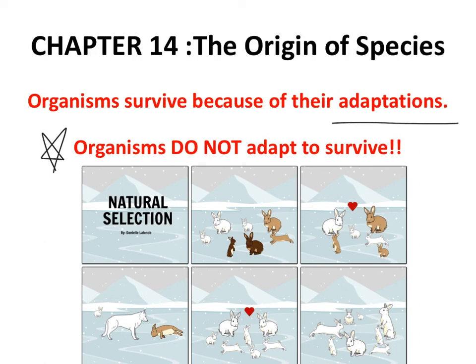So it's extremely important that you understand that an organism is born with its DNA, and that DNA is either good or it's bad. This little picture here shows exactly that. At the beginning of the scenario, there are bunnies of all different fur colors. They were born with DNA that coded for their fur color.